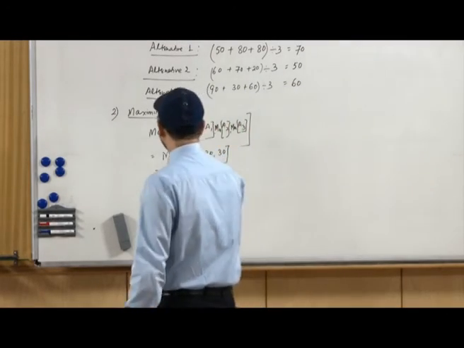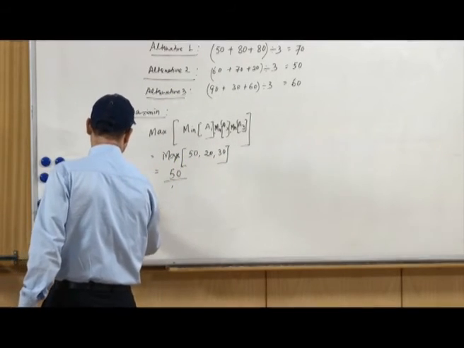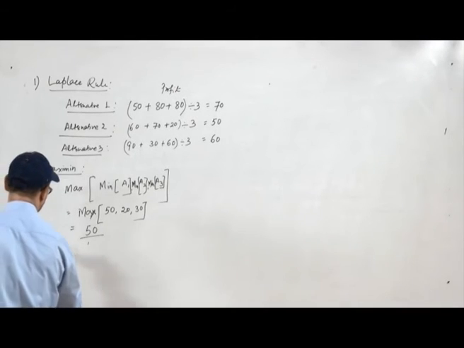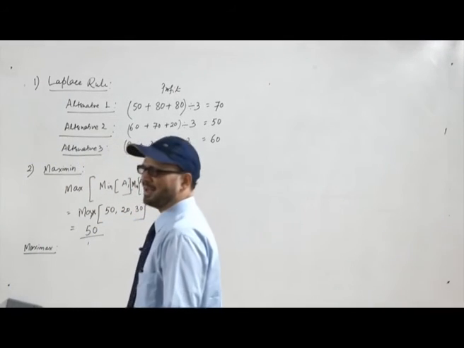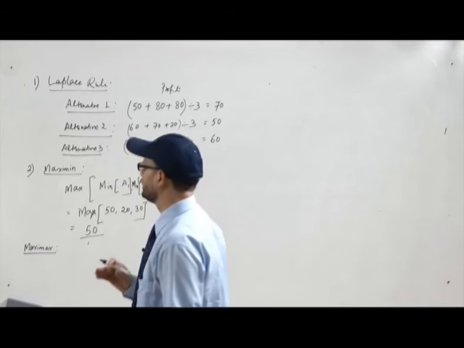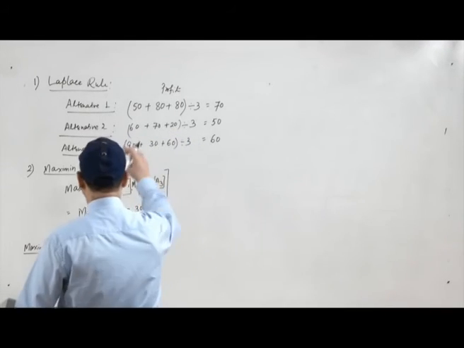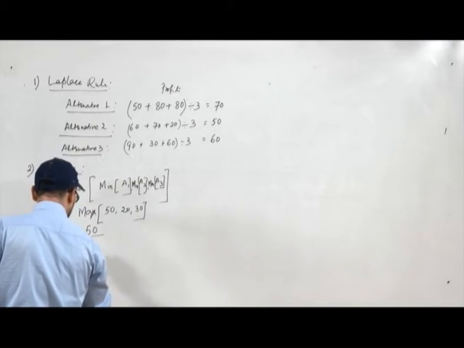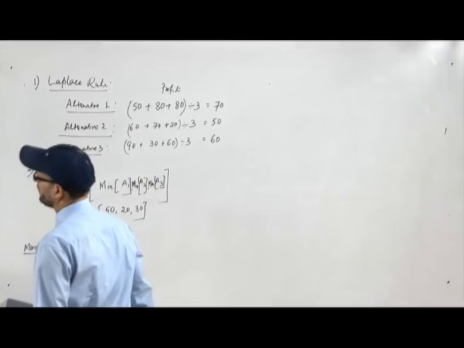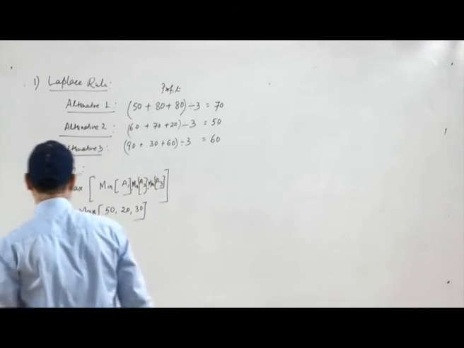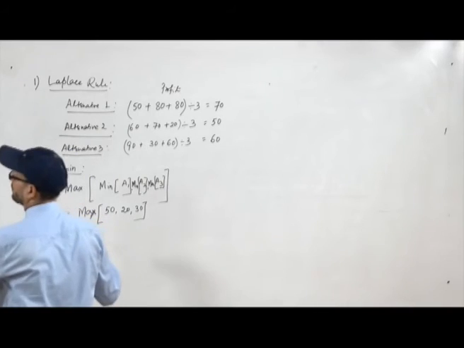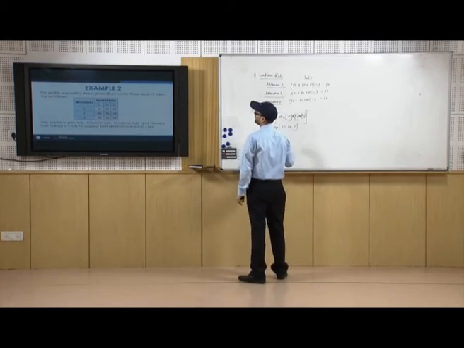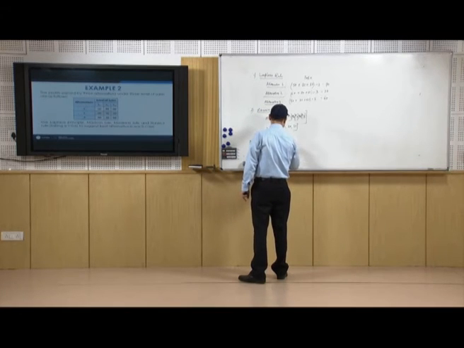If you go for maximax, as we know, it is based on the optimistic concept. So, here you are getting the maximum of the maximum values for every alternative. That is 80 for alternative 1, 70 for 2, and 90 for the third.